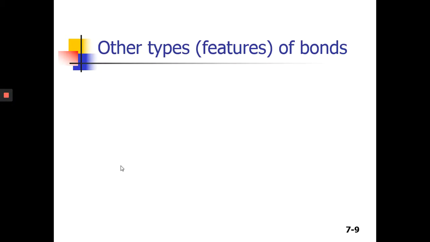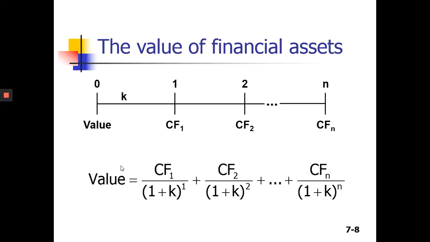Here is the example of the bond valuation. The value of an asset is basically the present value of all the future cash flows. Here, K represents the discount rate by which we are going to discount the cash flows.